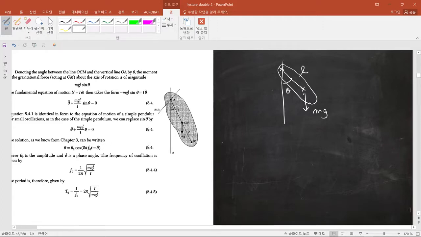If this is theta, then the force is m g l sine theta. This is the equilibrium point, and this is a restoring force, so you must have a minus sign here.